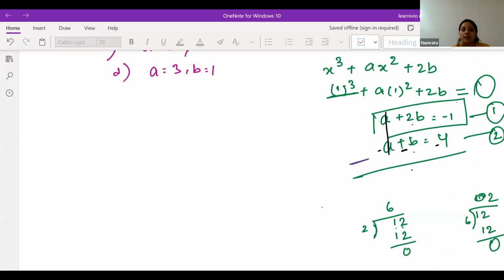Ziana, have you solved? What are you getting as a and b value? Okay, solving, do it. Done?